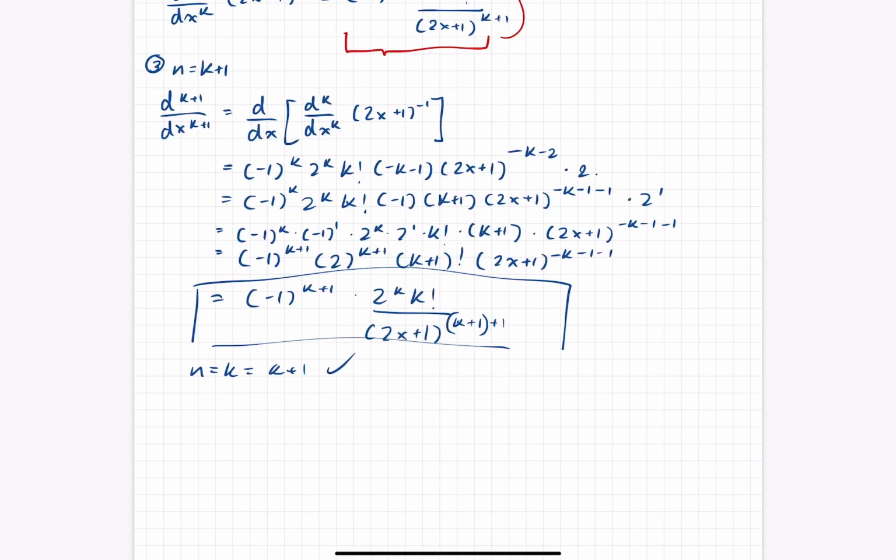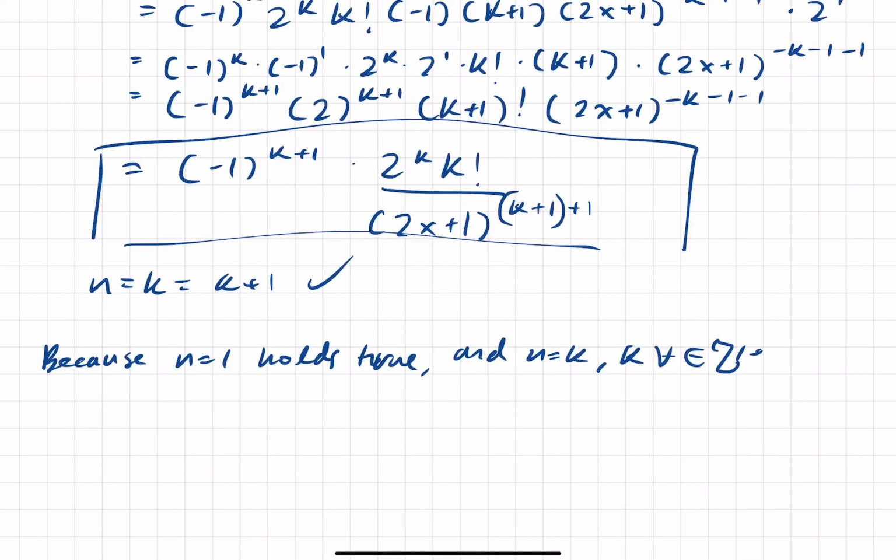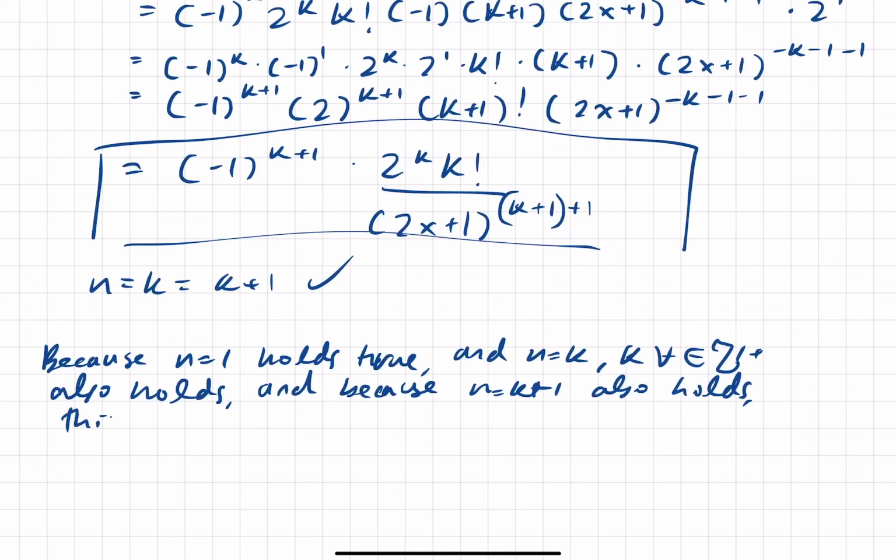And so we finish our proof by saying, because n equals 1 holds true, and n equals k, where k belongs to the set of all positive integers, also holds true, and because n equals k plus 1 also holds true, this statement has been proven inductively.